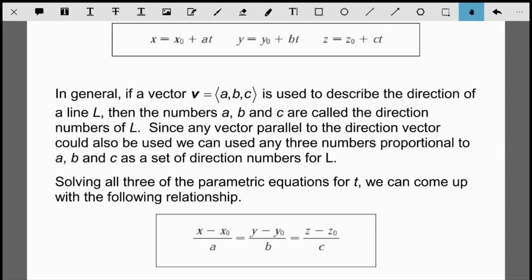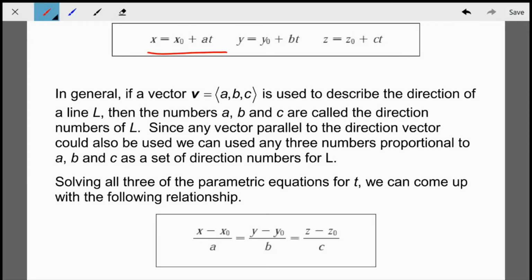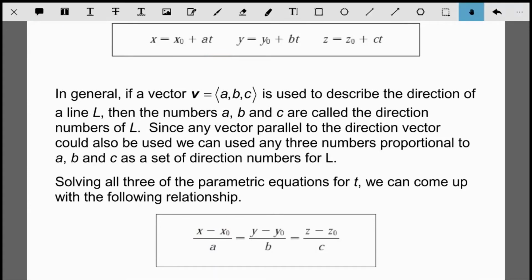If I solve the x equation for t, I get (x - x₀)/a. If I solve the y equation for t, I get (y - y₀)/b, and same idea with the z. You can see they're all equal to t, so they'd all be equal to each other. We call those the symmetric equations. Not difficult to do, just another way of displaying the same information.